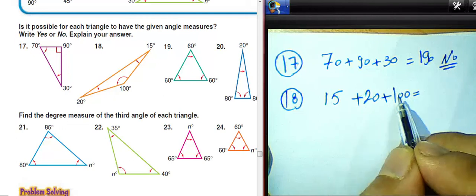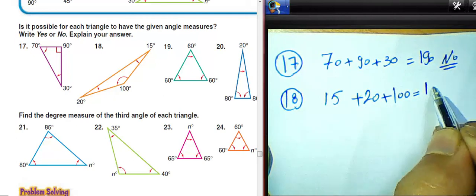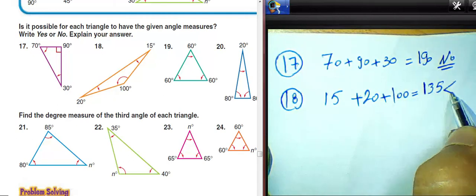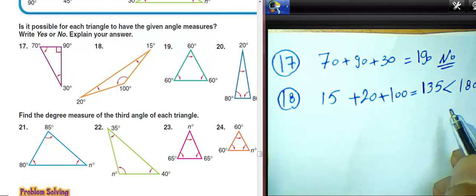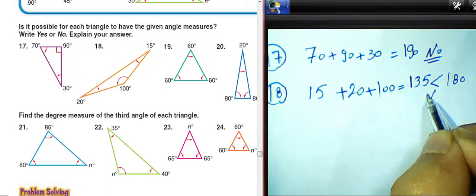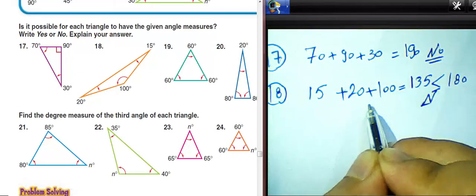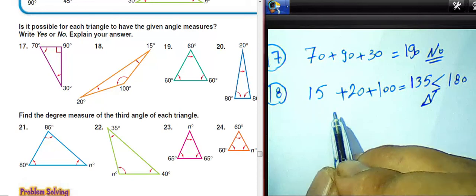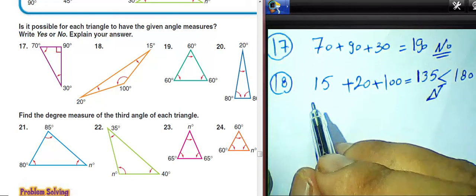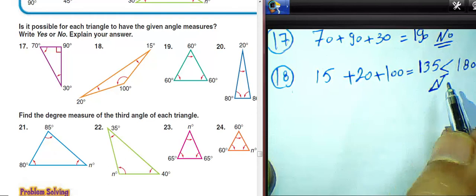So the result will be what? 135. It's less than 180. So it is impossible to draw a triangle with all these angles. Question 18, no.